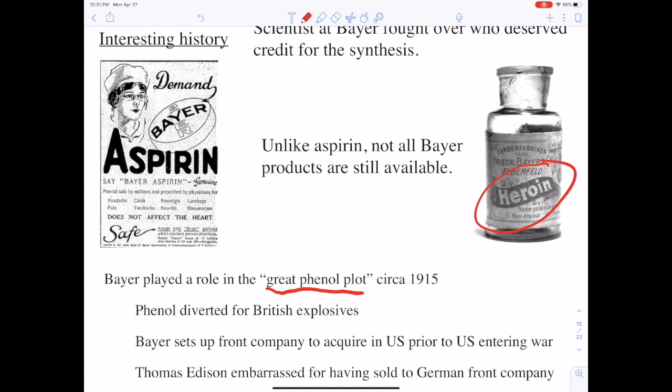And phenol, which is the starting point for the synthesis of aspirin, we're starting at salicylic acid, but in industry, you start with phenol, make salicylic acid, and then aspirin. Phenol is also used for explosives, trinitrophenol. And so the British were using that up, and Bayer and other companies that use phenol could not get their hands on it.